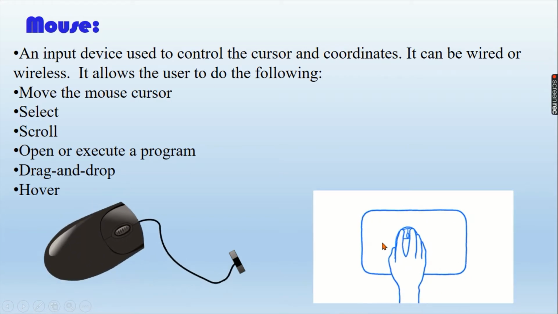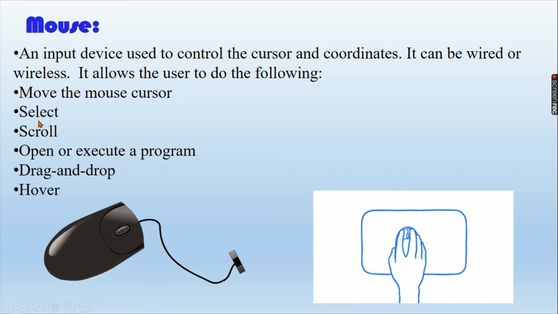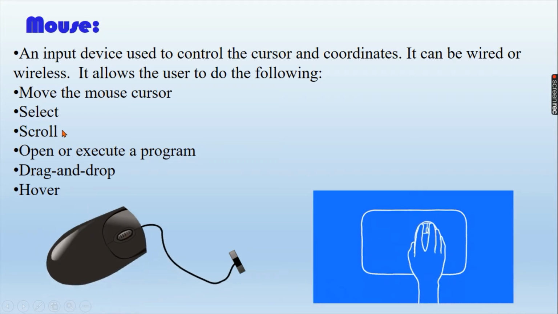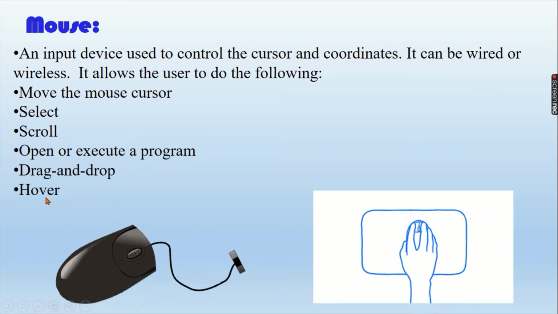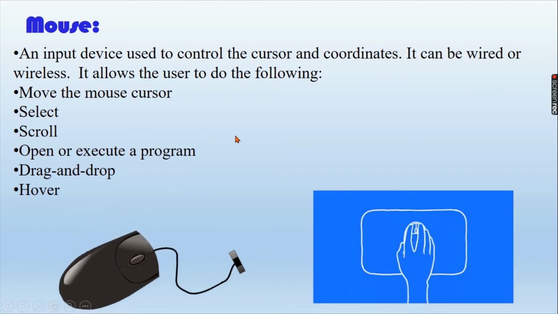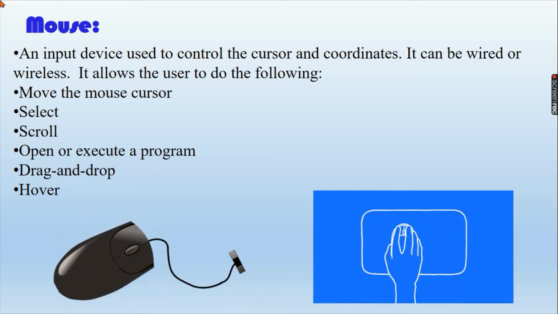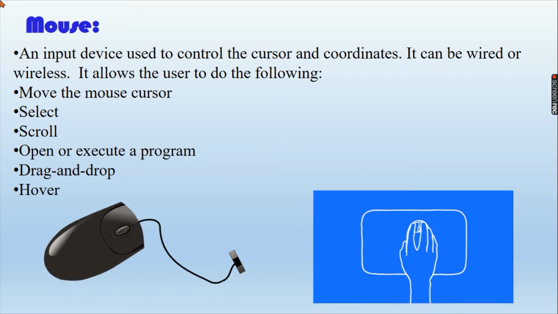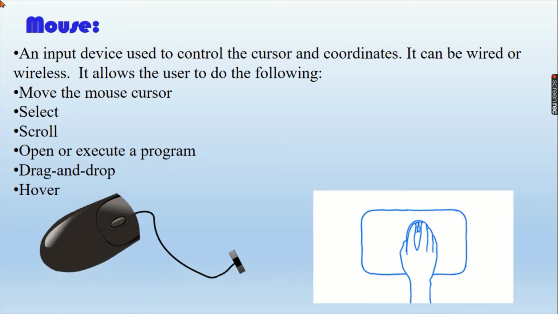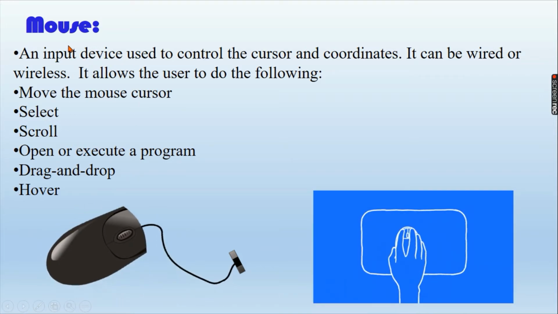What kind of operations can a mouse perform? It can select, scroll across the screen, open or execute a program, drag and drop, and hover. The mouse is normally used in a graphical user interface. Any kind of software that has graphics, such as architects, screen designers, animators or cartoonists, normally use this kind of device, the mouse.